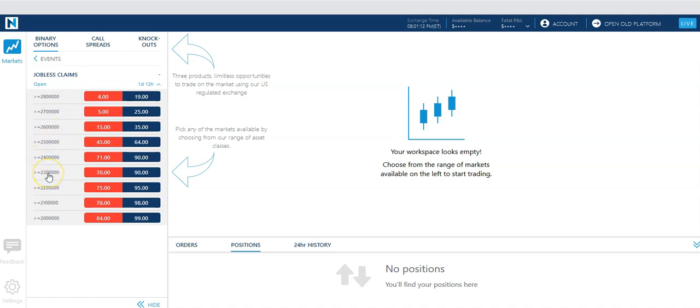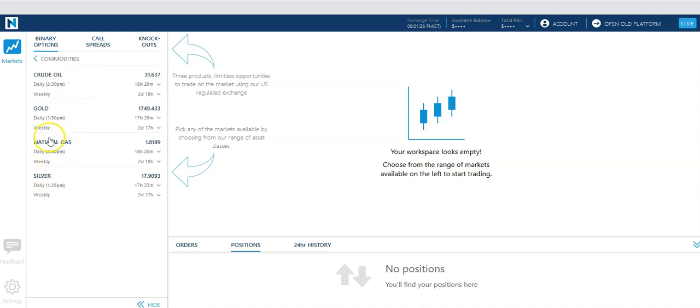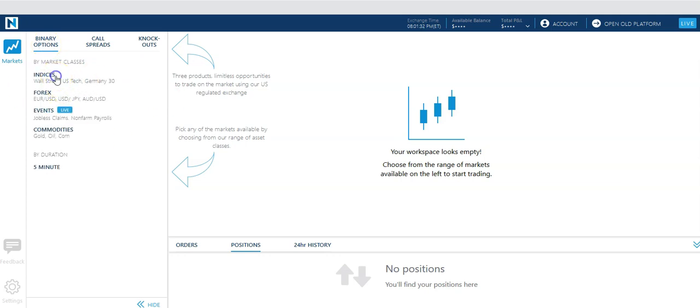I believe these are with everything going on 23 million, and then you could buy it or sell it. For now you can also trade gold, oil, corn, natural gas, things like that. So it's a different way to trade where you have time to be right, and that's what's great.